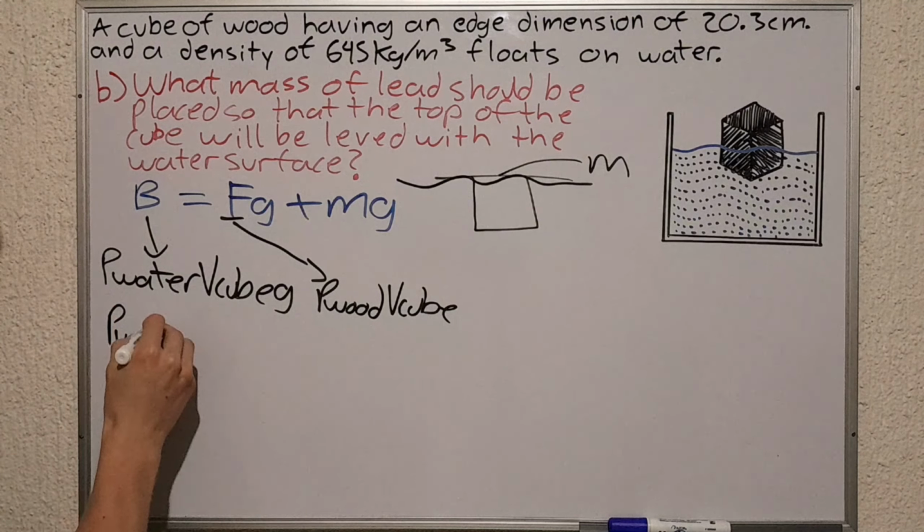Then we need to clear m. For that, we're going to move this big guy to the left side, but before that, boom, we can eliminate G.